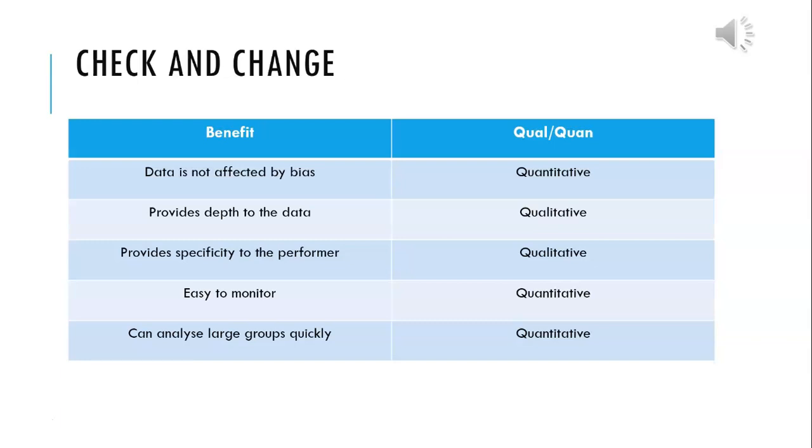So it's far easier to monitor quantitative data and can analyse large groups quickly. That's quantitative data as well. You can run 30 people on the bleep test within half an hour. It might take longer to interview 30 people in a questionnaire, for example.